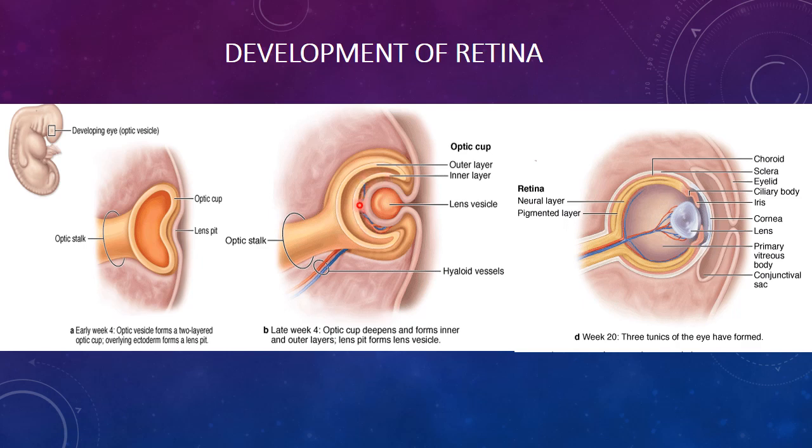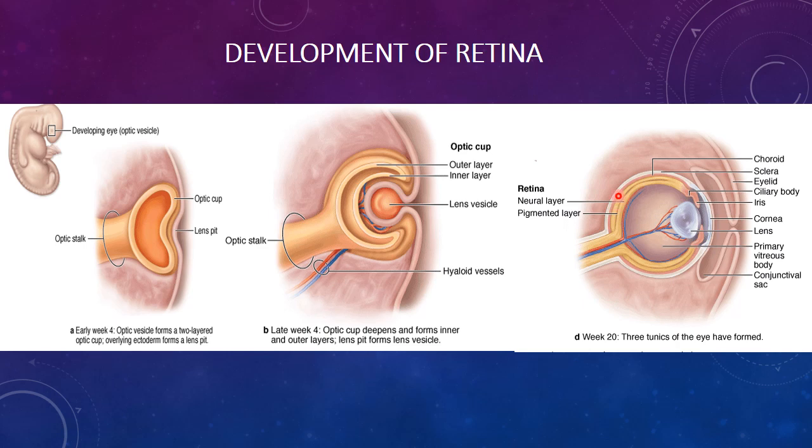The pigment epithelium, derived from the outer wall of the optic cup, is loosely attached to the neural retina, but it attaches firmly to the Bruch's membrane of the choroid.